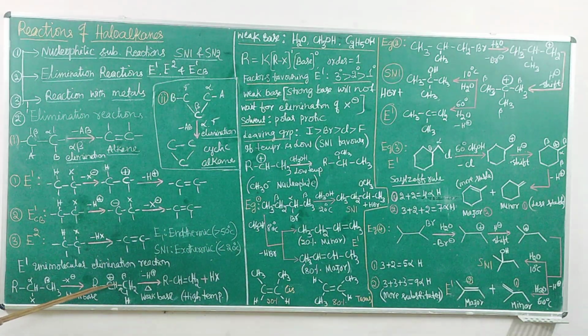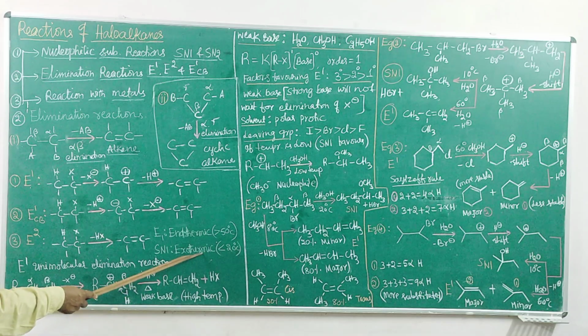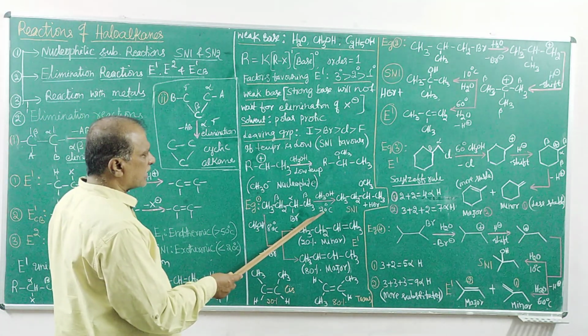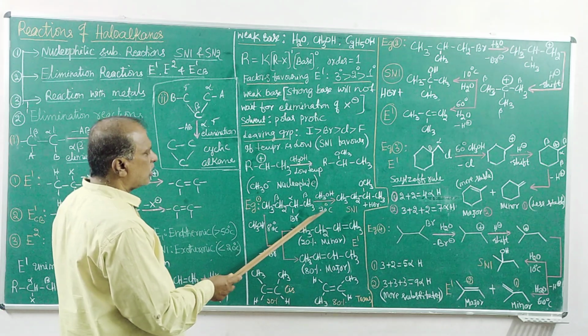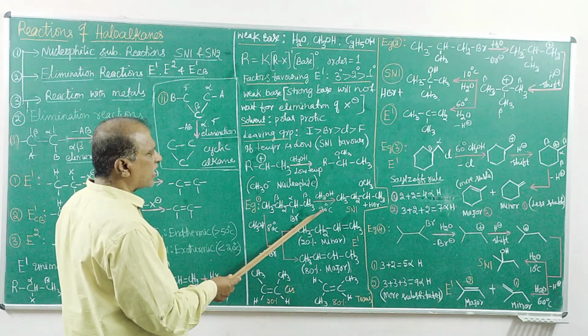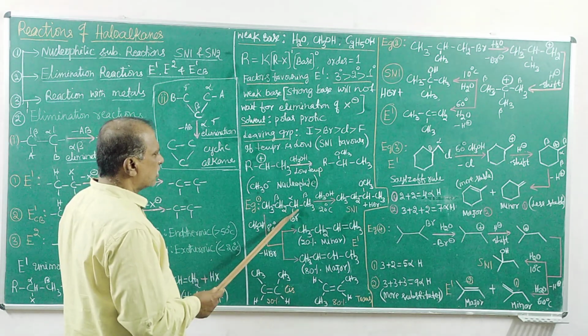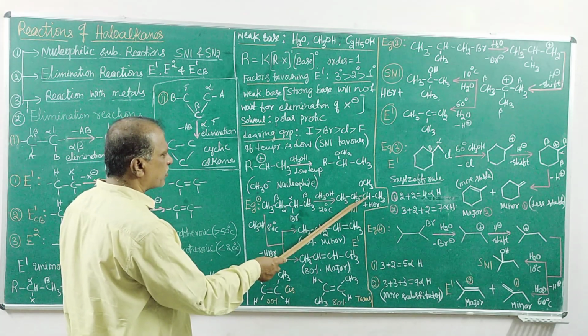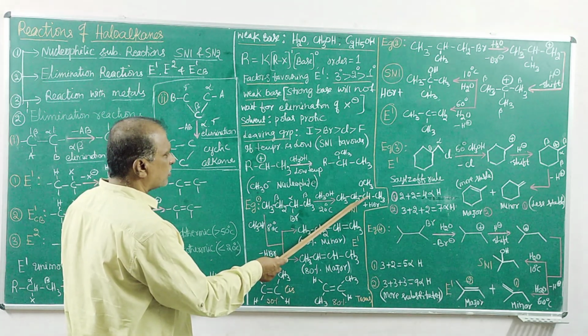Next, after the formation of carbocation, it is very important that there are two possibilities. If the temperature is low, less than 20 degrees, it will undergo nucleophilic attack. Br minus is removed, forming the carbocation.